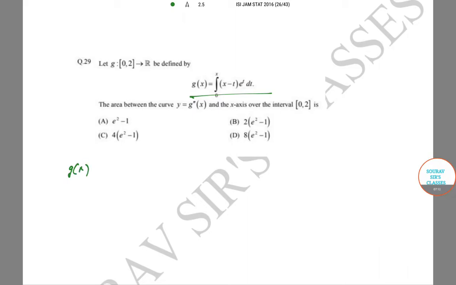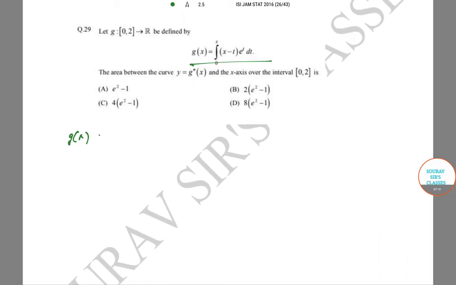Now g(x) is equal to integral of 0 to x of minus t e to the t dt. Let h(t) equal to e to the power t and let f(t) equal to t times e to the power t.